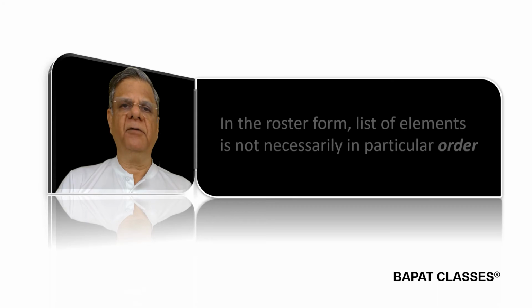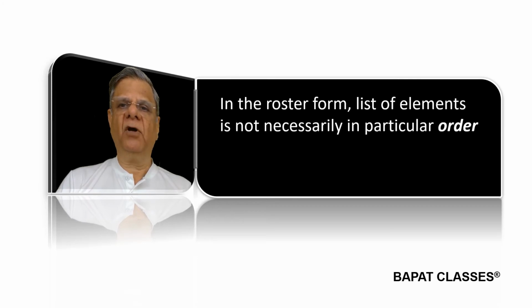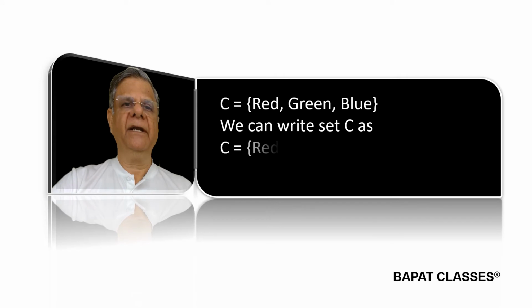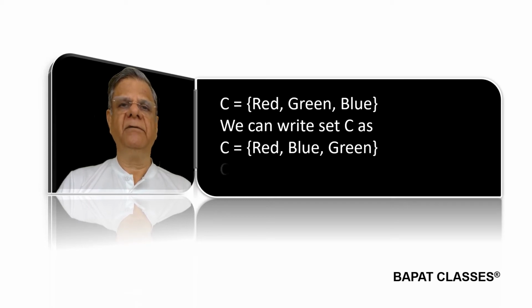In the roster form, the list of elements is not necessarily in a particular order. That is, we can write set C as C = {red, blue, green}, or C = {blue, red, green}.